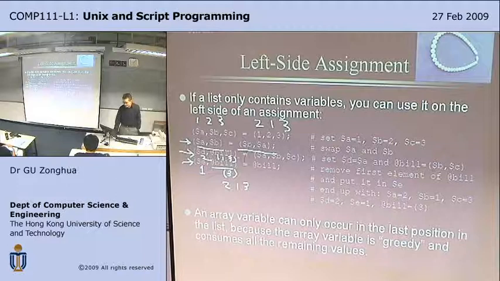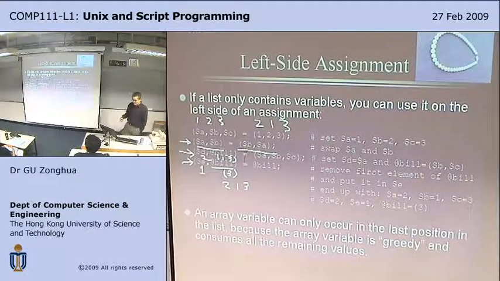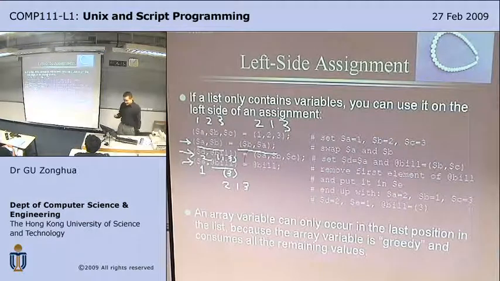Otherwise, you have ambiguities as to how long each list is. By having this, you can assign the scalar variables by grabbing the first few elements and assign the remaining elements into the last array variable.